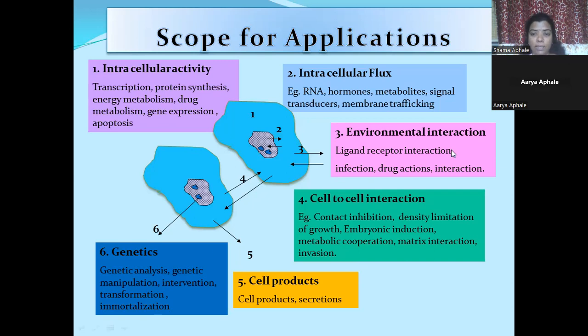So, ligand receptor interactions, infections, drug actions, and interactions in the surrounding microenvironment are important to study, and such environmental interactions can be studied in a controlled fashion in animal cell culture models.